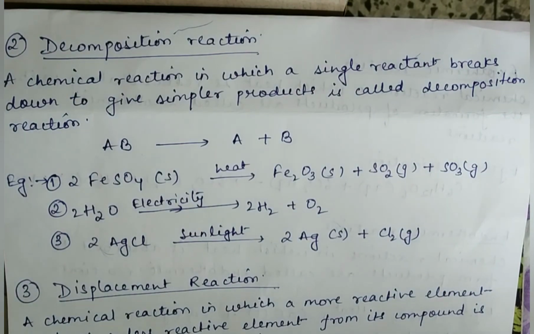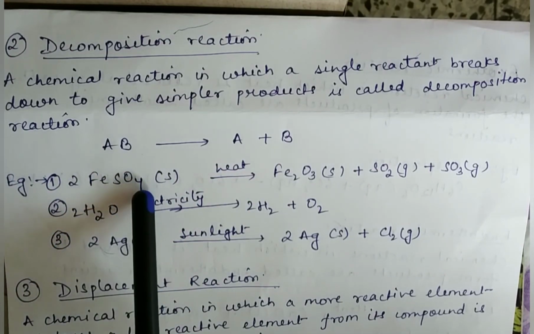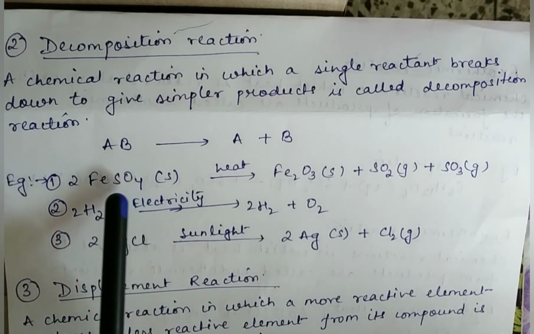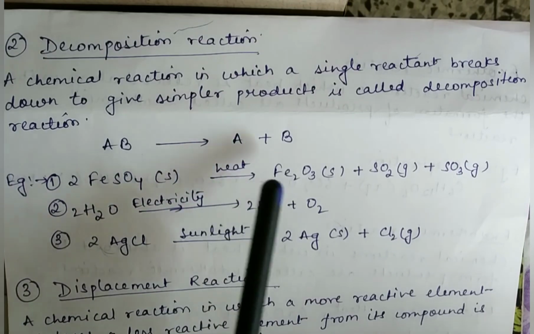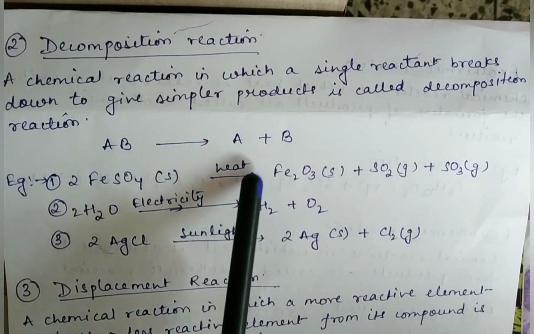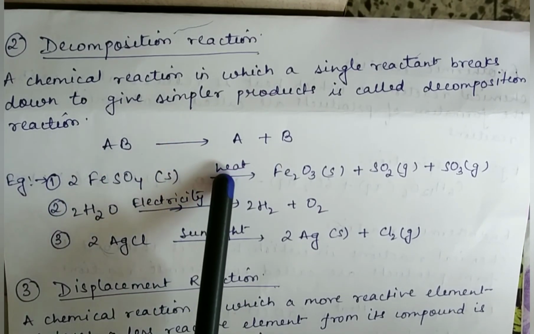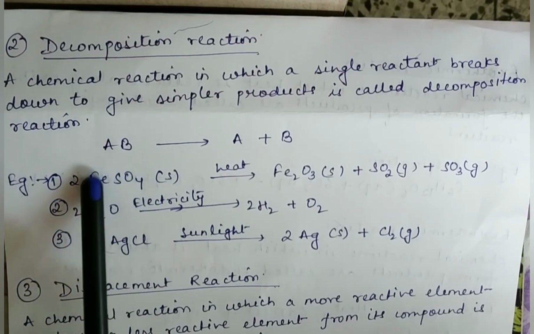Again, while discussing decomposition reaction, one of the examples that we took is of ferrous sulfate. So when ferrous sulfate is heated, it breaks down into 3 products. So if you see here, heat is an important factor. In this reaction, heat has been taken up by the reactant.